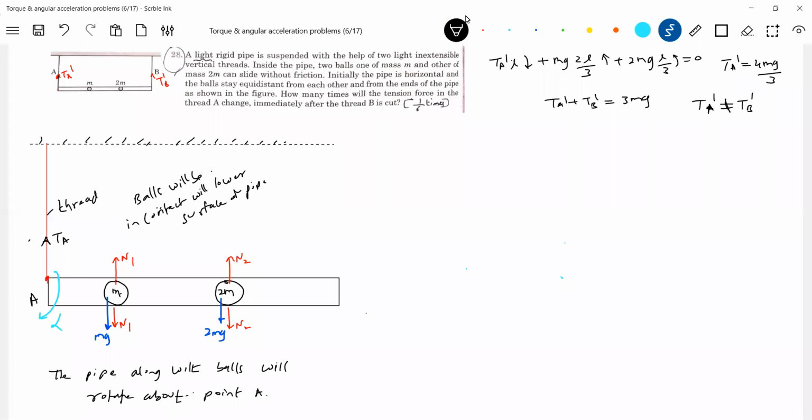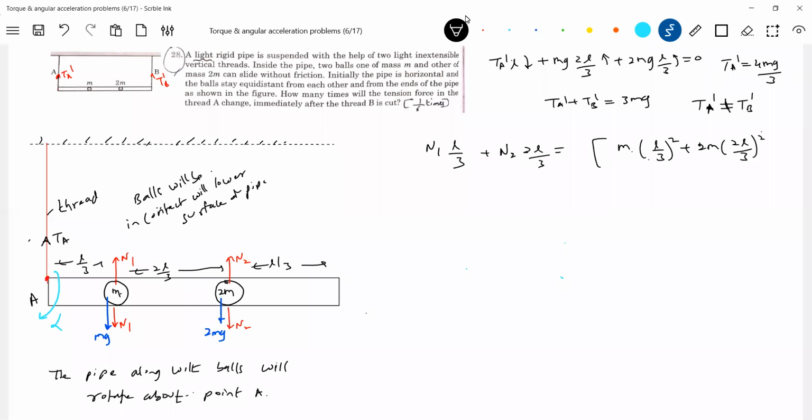I'll go for torque: N1 into L by 3, and this distance is, this should be clockwise, N2 into 2L by 3. This should be equal to moment of inertia, ml square. Sir, the distance between the two balls will be L by 3.